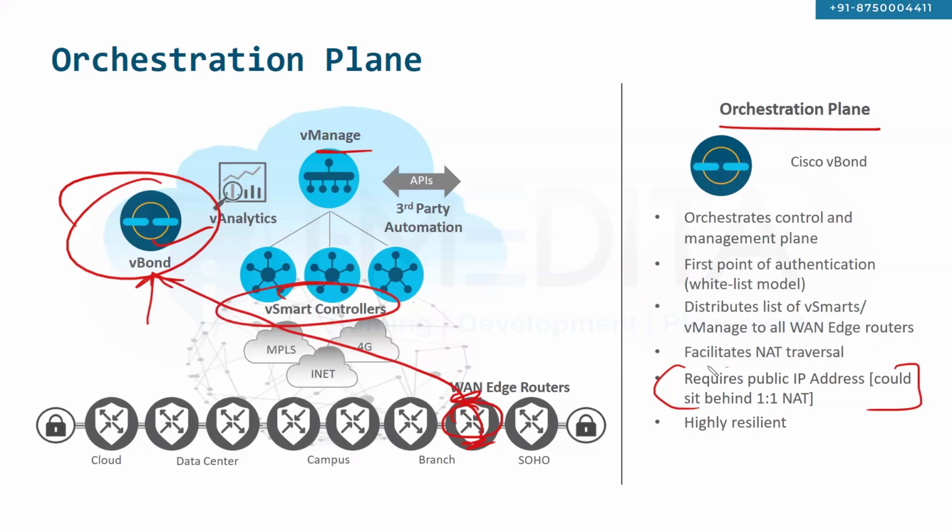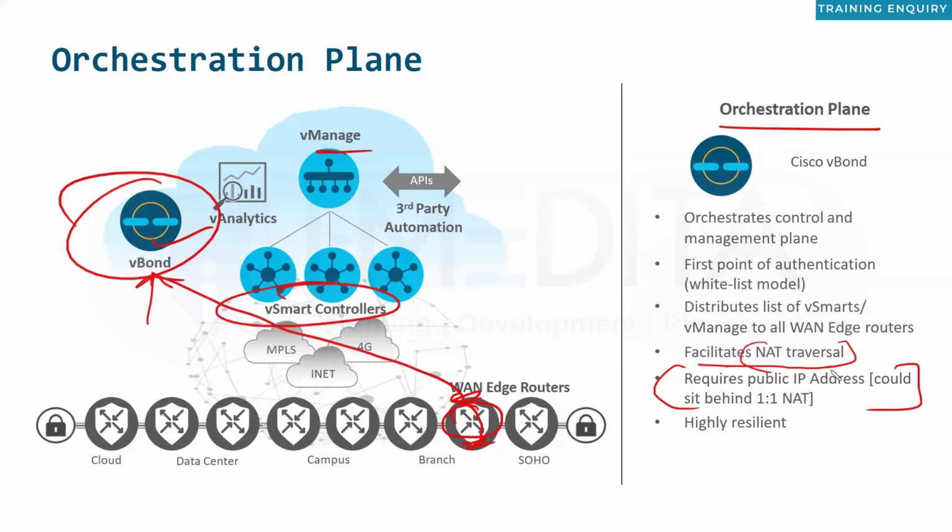Remember that vBond also supports the NAT-T feature, and that is very critical. Having support for NAT-T is really critical to make Cisco SD-WAN work. If vBond had no support for NAT-T, then SD-WAN would not function as expected, trust me, especially where you have broadband connectivity.